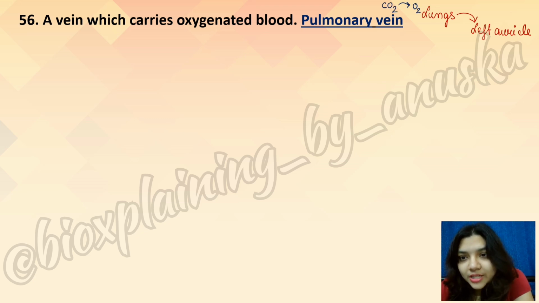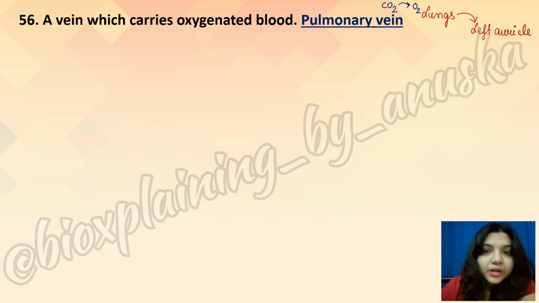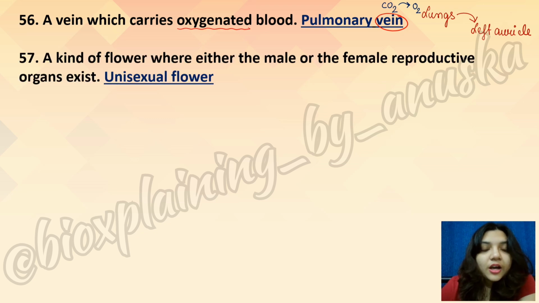And this oxygenated blood from the lungs is carried to the left auricle via the pulmonary vein. So this is an exception that's important for us to remember, that in spite of being a vein, it carries oxygenated blood.